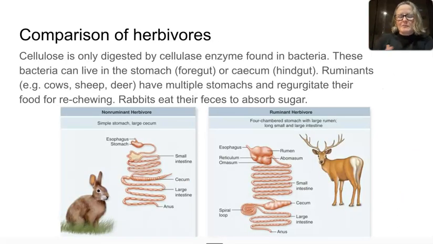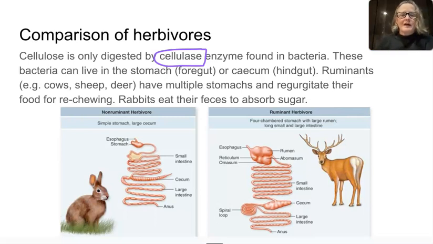Just a little bit more here about the bacteria and protozoa that are found in the guts of herbivores. They can contain within them the enzyme cellulase, which digests cellulose. So they turn cellulose into glucose, which is a sugar, and therefore gives that animal lots of energy. And there are two kind of solutions to where these protozoa and bacteria can live.